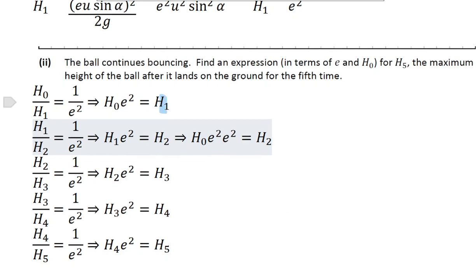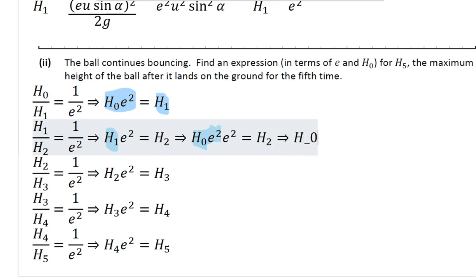That H1 is that thing, and we are replacing H1 with H0 E squared, which gives us H0 E to the power 4 equals H2. Then we just need to put that H2 in for the next equation, and this is just going to work.